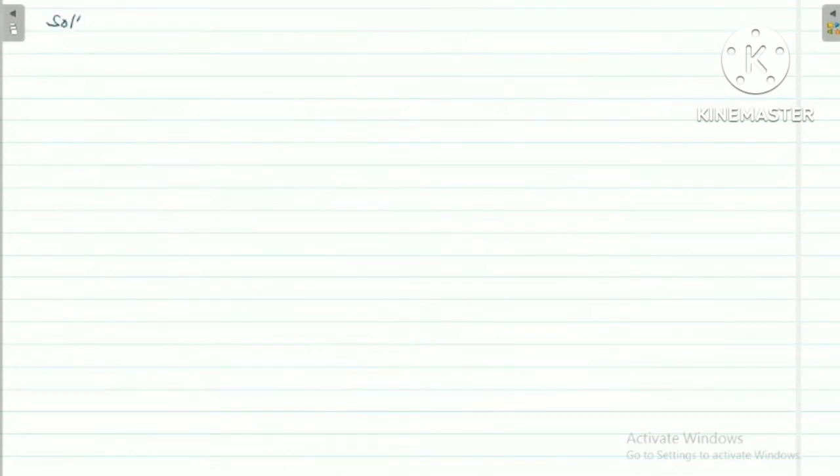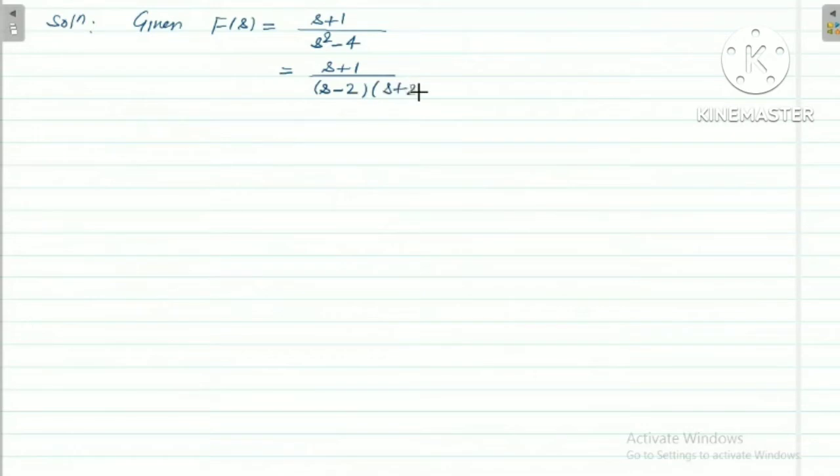Solution. Your given function f of s is s plus 1 divided by s square minus 4. This can be written as s plus 1 divided by (s minus 2) in one bracket and (s plus 2) in another bracket.